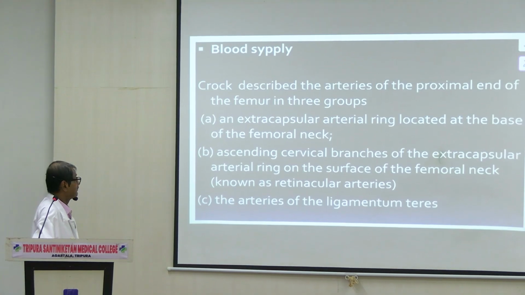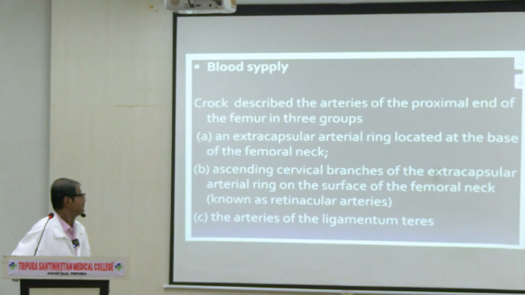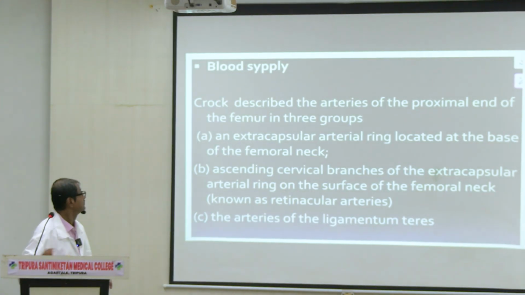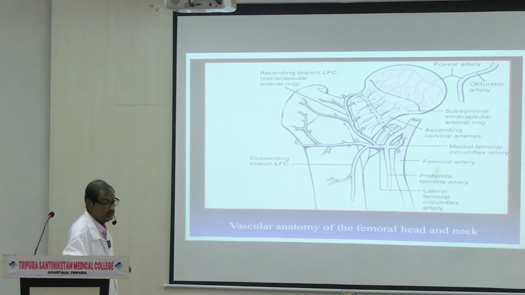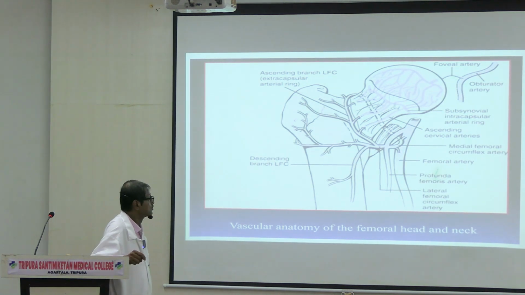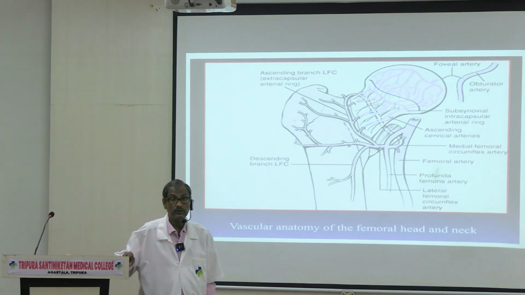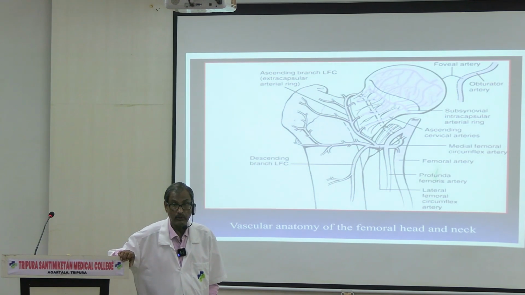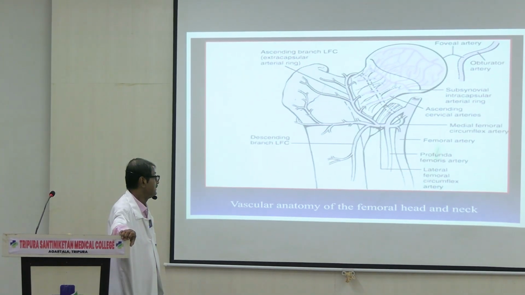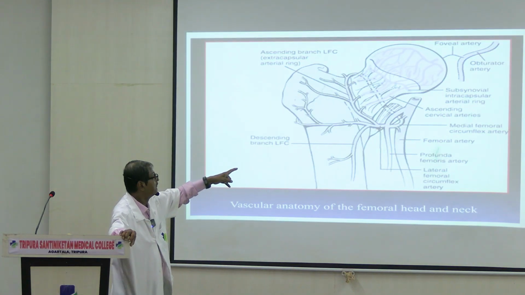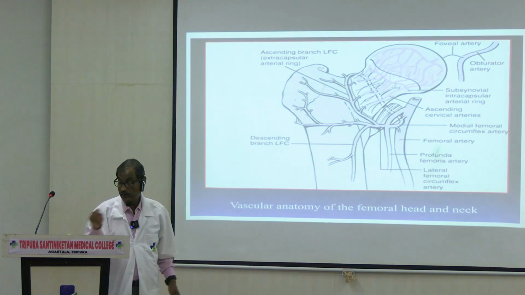And blood supply. The blood supply of the neck is very important. You have to know the blood supply. So you see how the neck is supplied by blood. Profunda femoris is a branch of the femoral artery. The neck is supplied by an anastomosis around the neck.